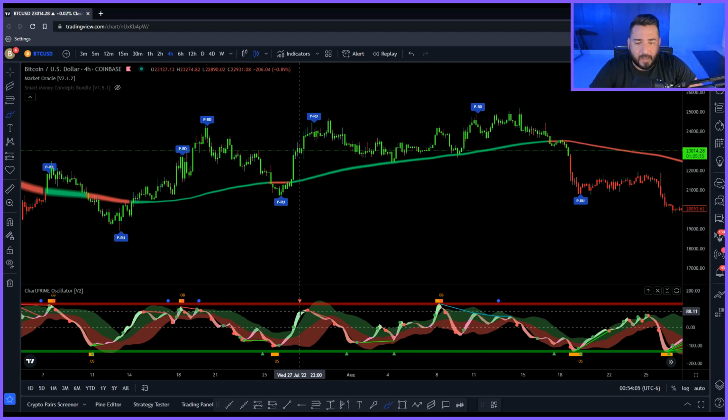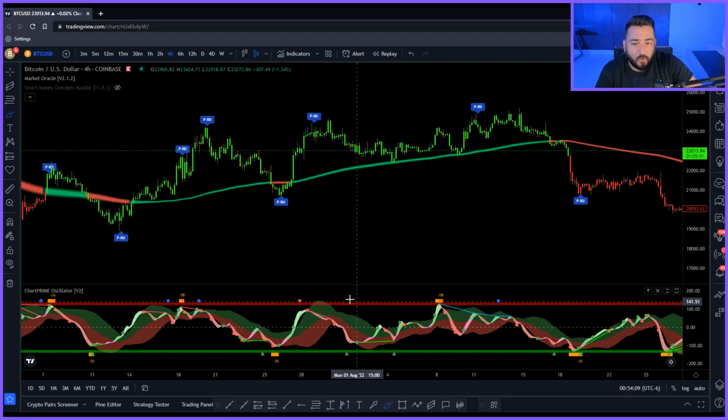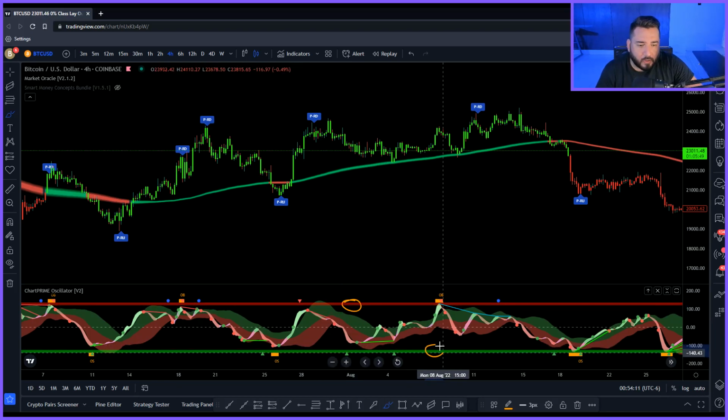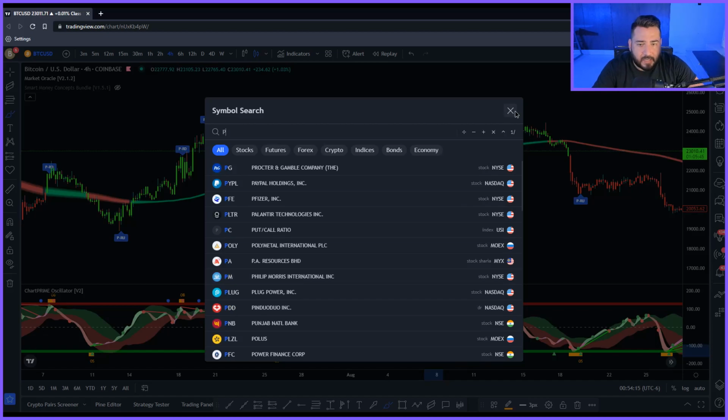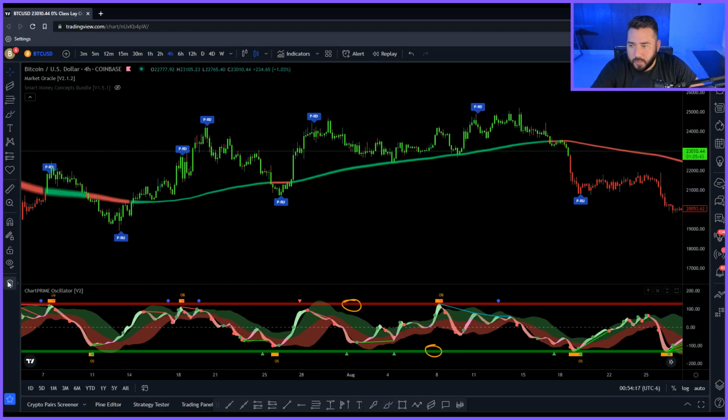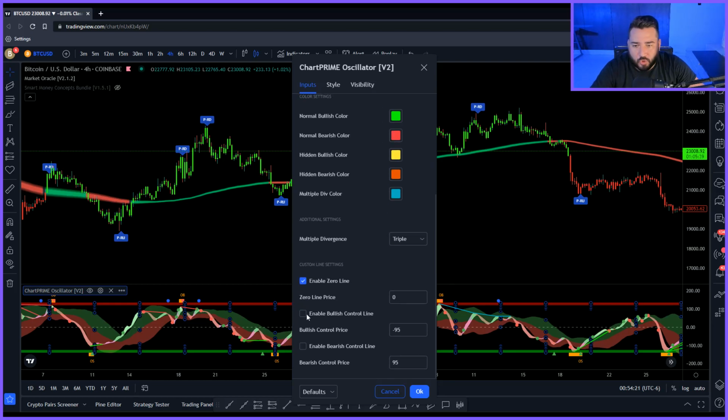It's kind of like an offset from the overbought and oversold zones. It's a threshold that you will decide where to put. So I'm going to double click in here and make sure I enable the bullish control line, which is my threshold bullish control line. You see it appear down here. And then I enable the bearish control line, and it will appear up here. Here we go.